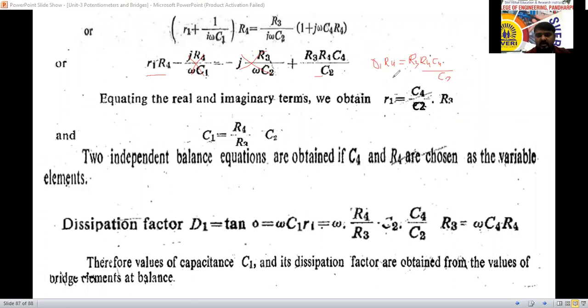Here also R4 is there, and here also R4 is there, so R4 gets cancelled. So R1 equal to R3 C4 divided by C2. That is the last formula: R1 is equal to C4 upon C2 into R3. That one we have written here. So we got the value of the unknown resistance.